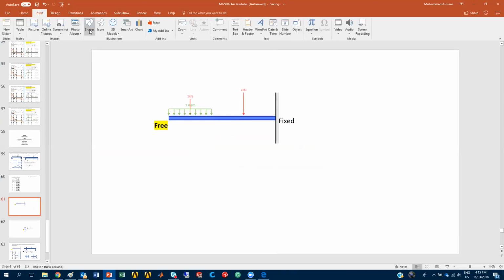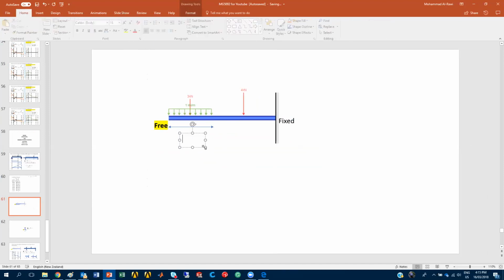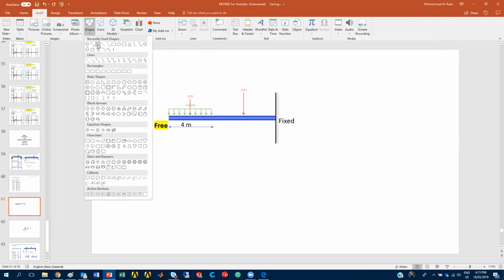We know the distance here. This is a question for you guys. The distance from this end to that end is 4 meters. Now we know the UDL is per meter.